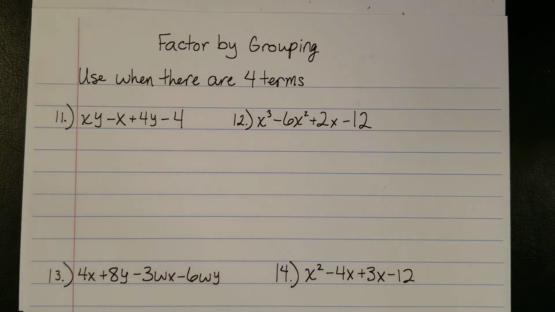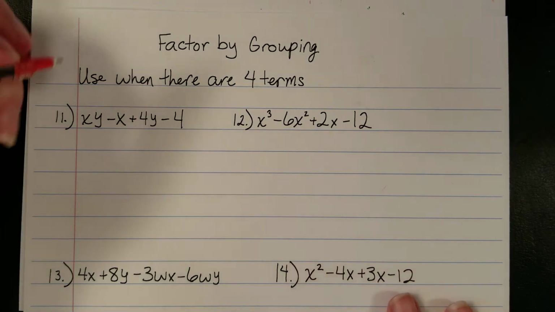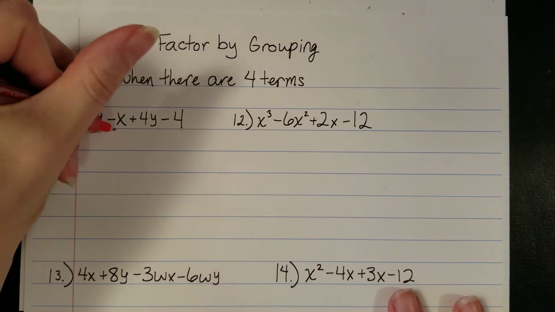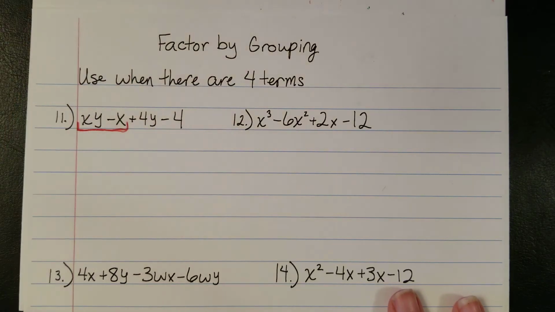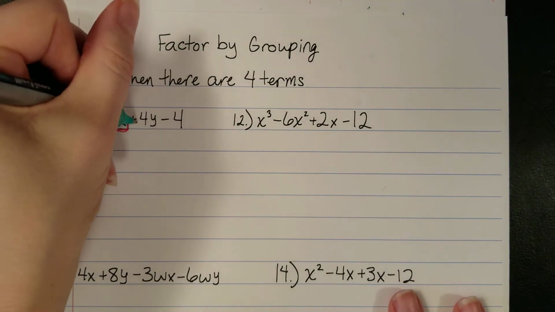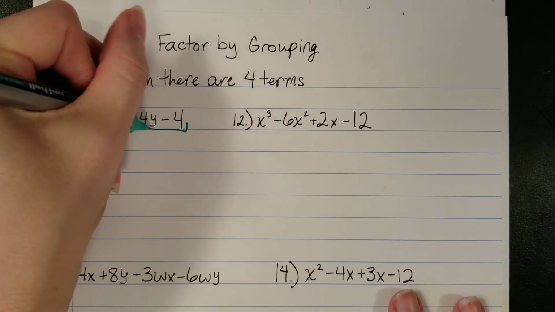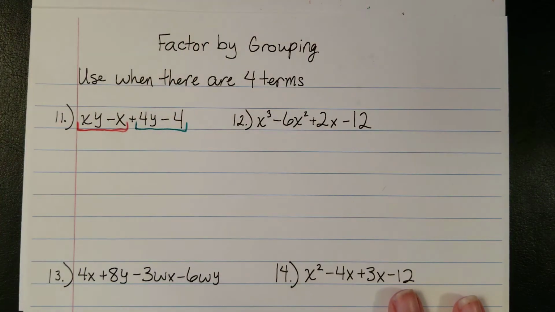Factor it by grouping. Okay, so grouping means that I'm going to take the first 2 terms and I'm going to group those together. So that's one group. And then take the last 2 terms and group those together. Then I'm going to take each group and I'm going to factor out a GCF.